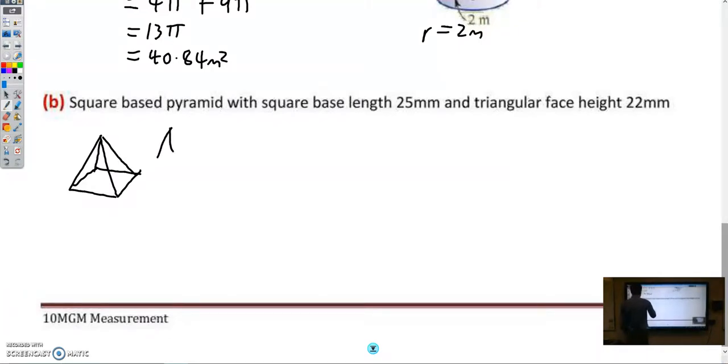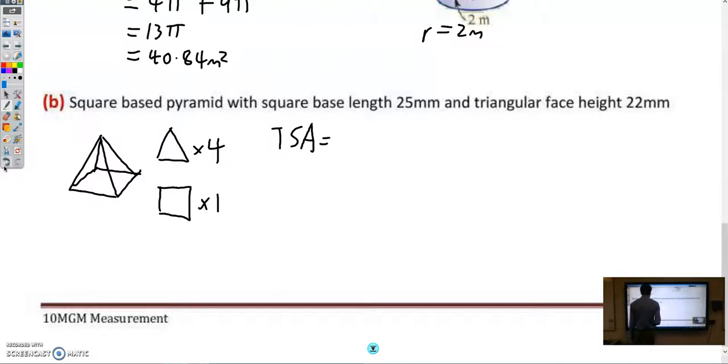Now, we're going to have 4 triangles and 1 square. So our total surface area is equal to 4 times half times base times height, area of a triangle, plus 1 lot of length times width.